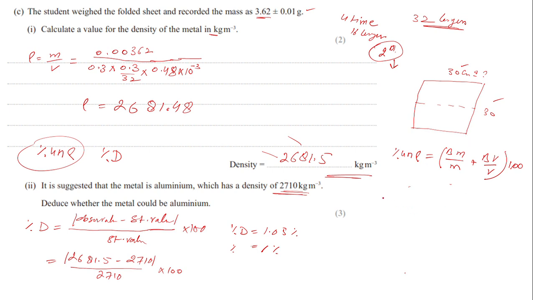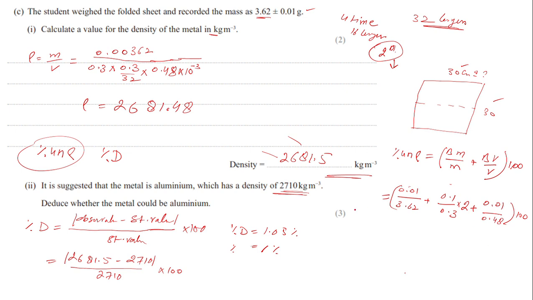So the percentage uncertainty in density is delta M by M, which is 0.01 divided by 3.62, plus two sides were the same in the beginning. The percentage uncertainty in the length was given as 0.1 centimeter. So 0.1 divided by 0.3, but we had two similar lengths, so times 2, plus, for thickness the percentage uncertainty we found was 0.01 divided by 0.48, times 100.